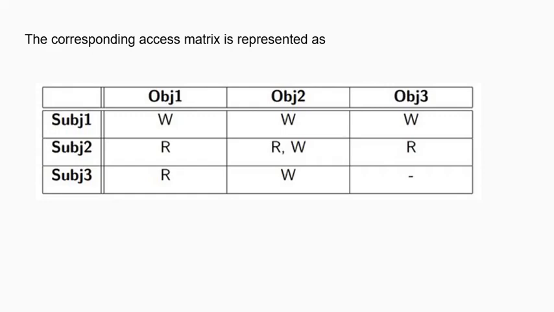That is, subject 1 has the highest integrity level. And by the star property of the Biba model, a subject can write into an object that has either the same integrity level or one below it. Since subject 1 has the highest integrity level, it is capable of writing into each of the three objects.